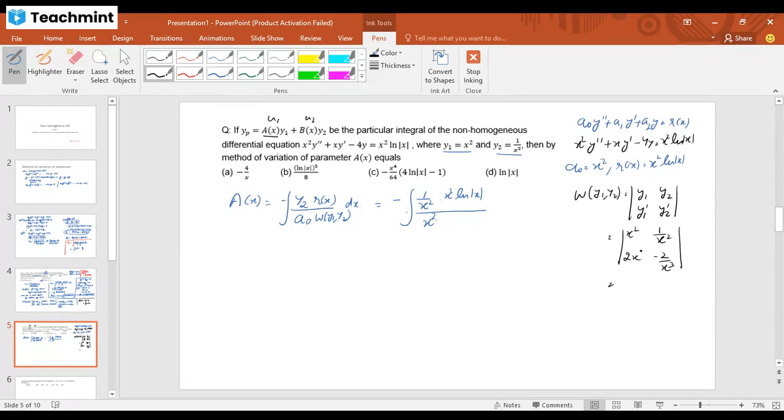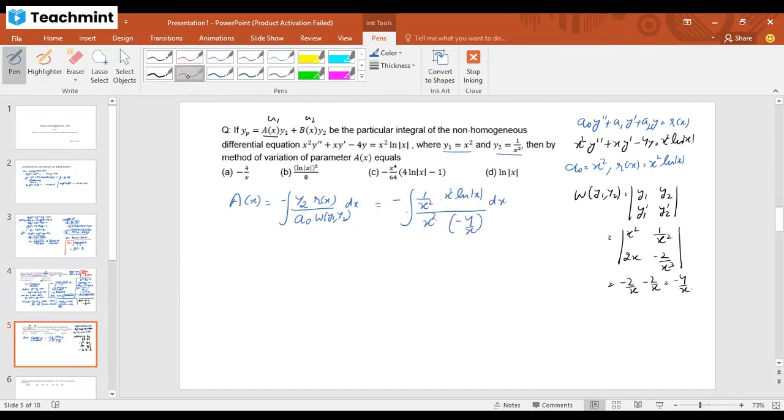So if we solve this, we'll get minus 2 upon x minus 2 upon x, that is minus 4 upon x. So its value comes out to be minus 4 upon x.